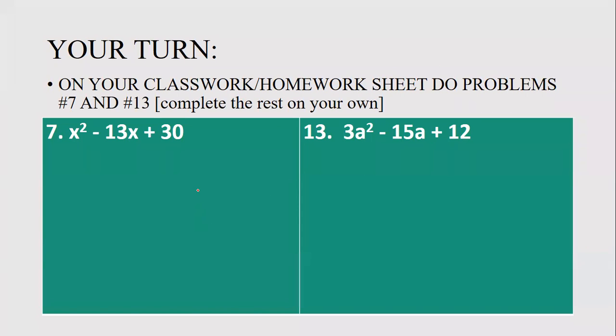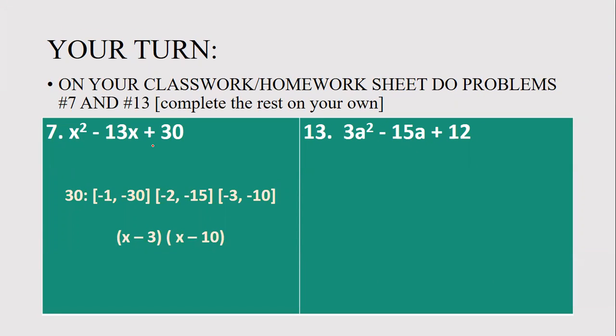All right, so for 7, when you first did it, you should have thought of what are the factors of 30? And the factors of 30 are -1, -30, -2, -15, -3, -10. The reason why I went with negatives is because if I have a negative here and a positive here, well, the only way to multiply to get a positive is to have 2 negatives, right?